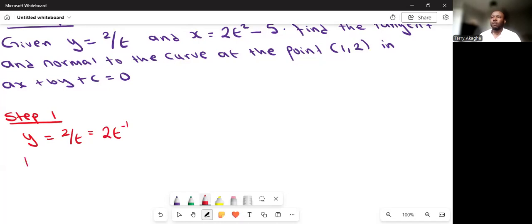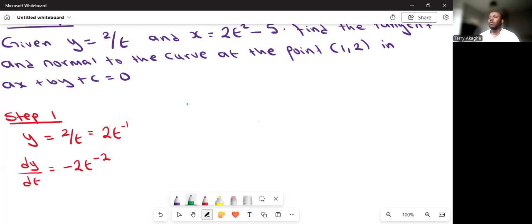Now to differentiate it, dy over dt is going to be, remember when you have ax raised to the power n, it's going to be anx to the power n minus 1. So you multiply and you subtract 1. I have a complete series on differentiation, so please go back and have a look. That's going to give us minus 2t to the power of minus 2.